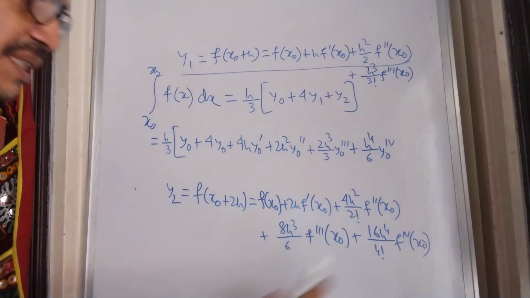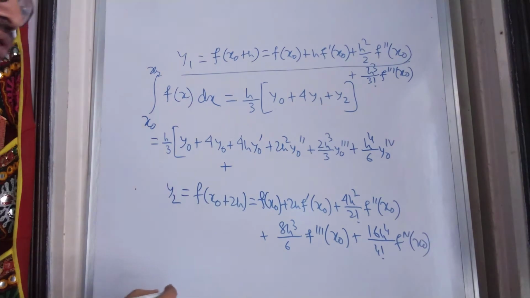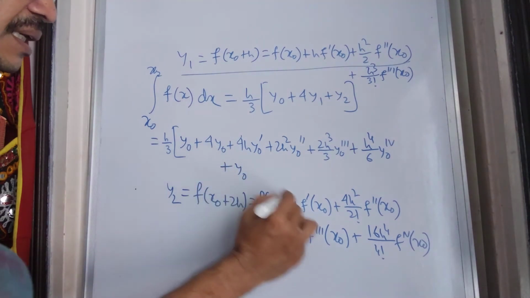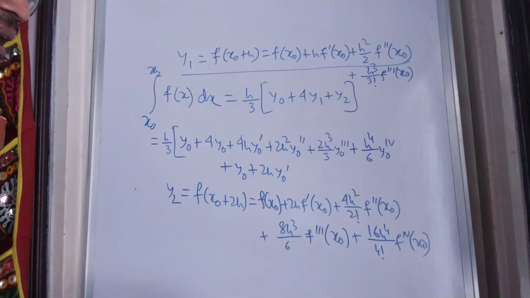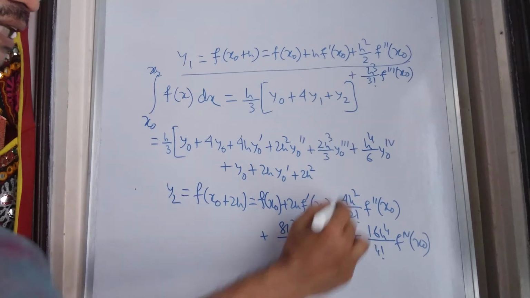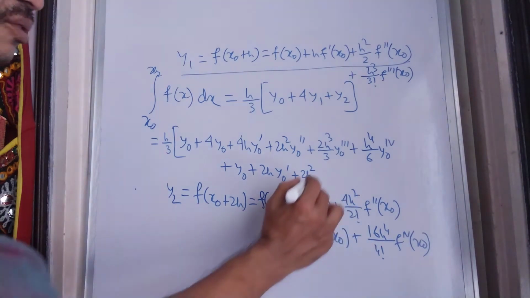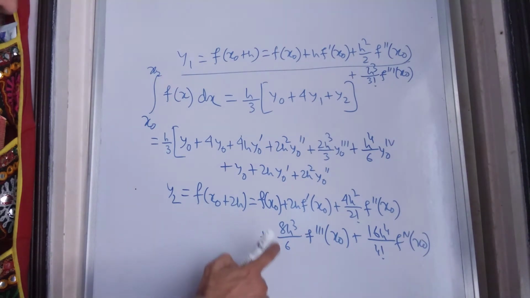Then we have these terms. So what is this? It is y2. So we have y0 here. Then we have 2h y0 prime here. Then we have 2h square y0 double prime here. Then you have 8h cube by 6, which is nothing but 4/3 h cube.